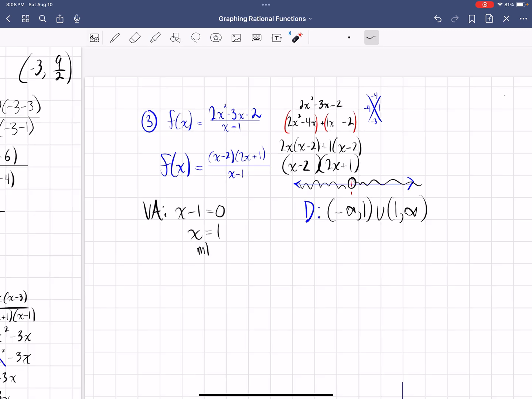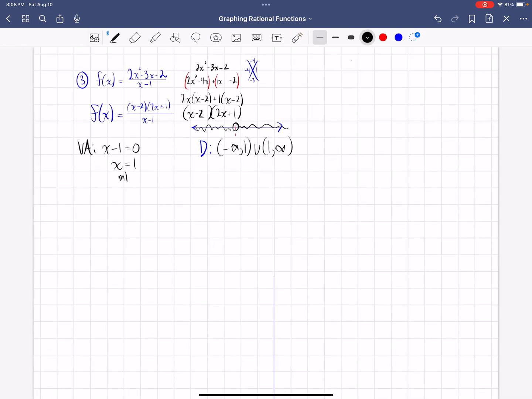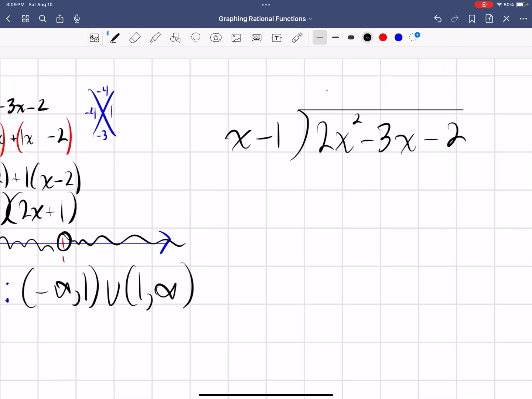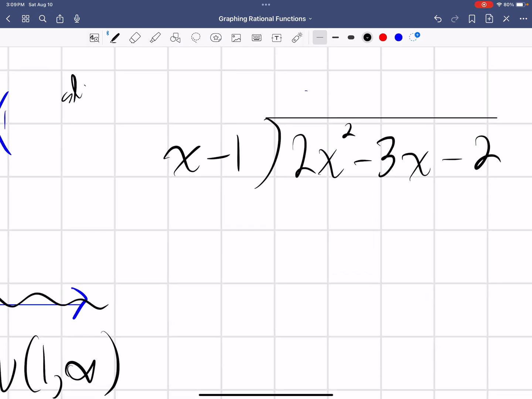And here's how you find it. All you need to do is divide the numerator, 2x squared minus 3x minus 2, by the denominator, x minus 1. So we'll do a little polynomial long division here. This is how we find our slant asymptote.